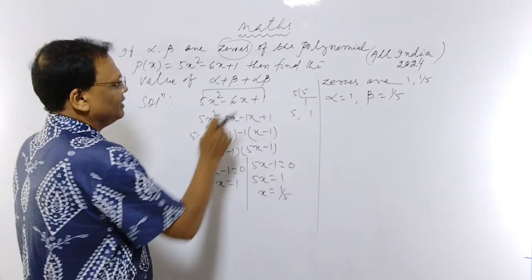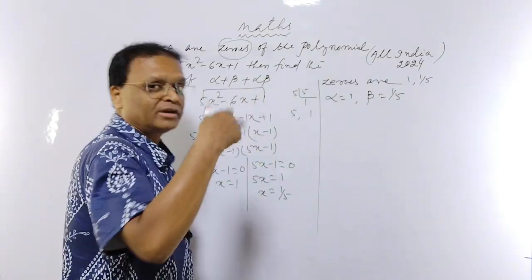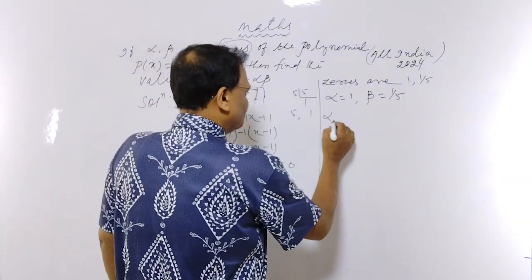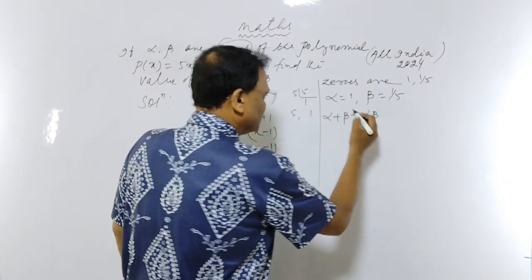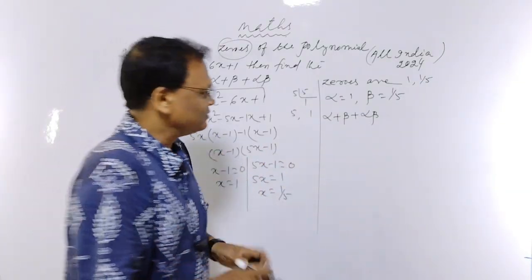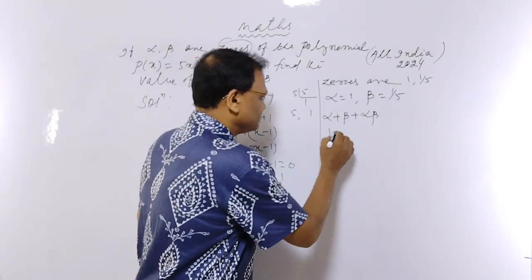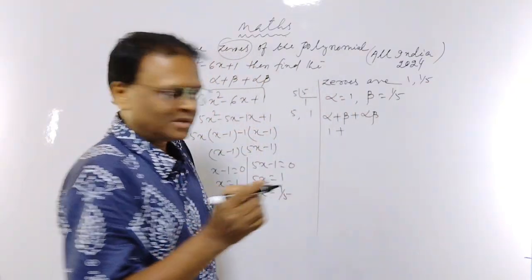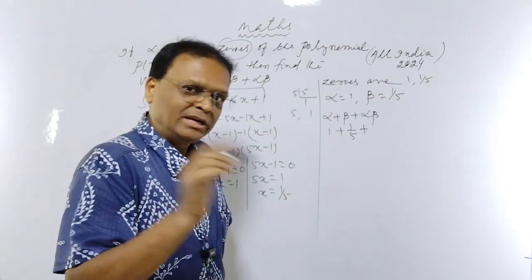So what is he asking? He is asking to find the value of alpha plus beta plus alpha into beta. Nothing else, only substitute what you just got. Alpha 1 plus beta 1 by 5 plus alpha into beta.